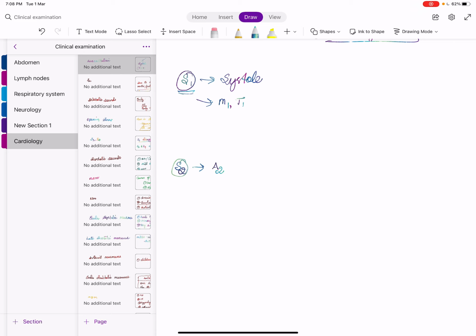Some say there is a small stage called protodiastole. The most important phase is isovolumetric relaxation. When the pressure in the ventricle falls further, the next event is the opening of the mitral valve and tricuspid valve, so that the already filled blood in the ventricle comes down. This is called the rapid filling phase.